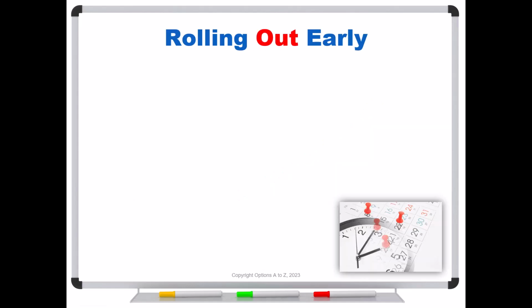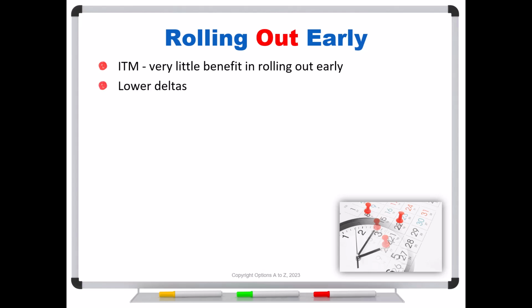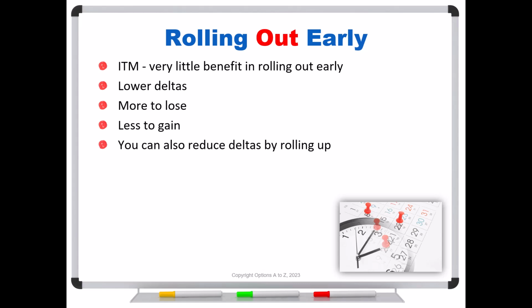So the thing to understand about rolling out early, if you have an in-the-money option, there's very little benefit in rolling out early. You're going to lower your deltas, you've got more money to potentially lose, and you've got less to gain. Now, yes, again, you could make this small argument that you've got fewer deltas and it gives you a little bit of a downside hedge. But remember, you can also reduce your deltas by rolling up and get cash out of the position.